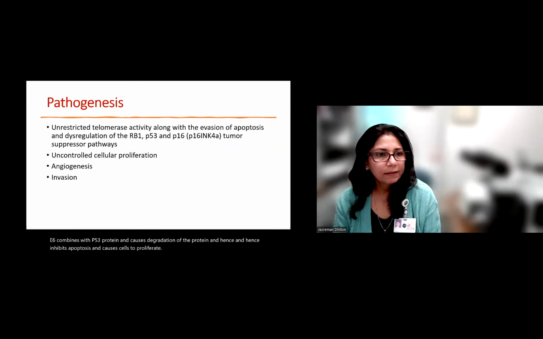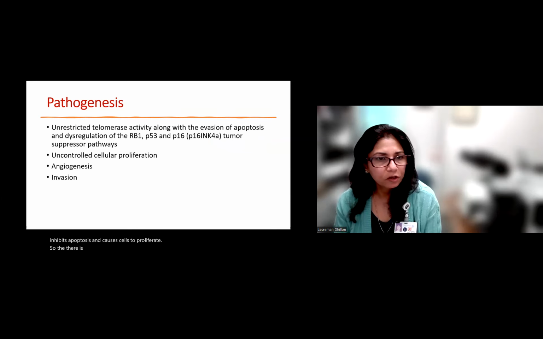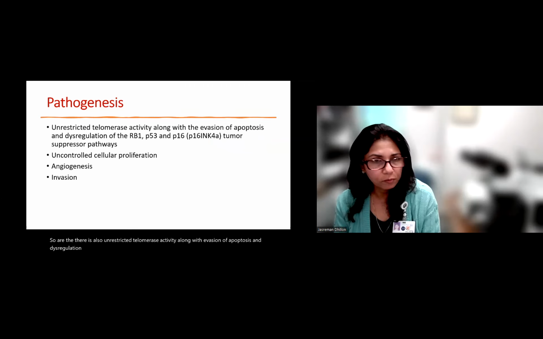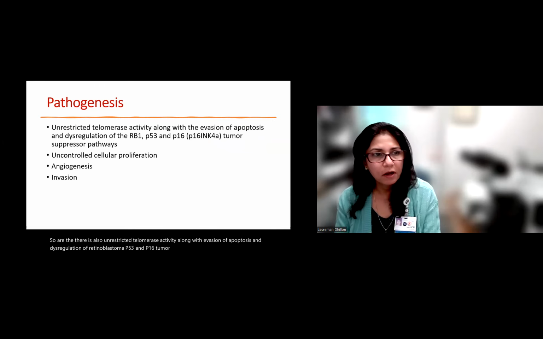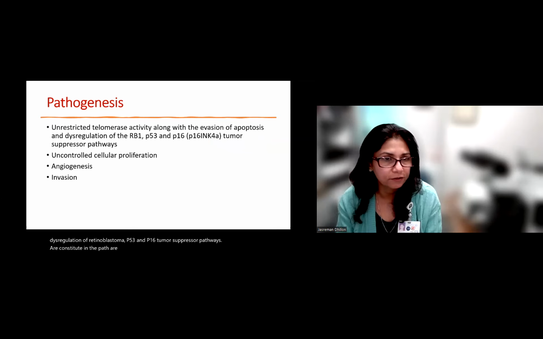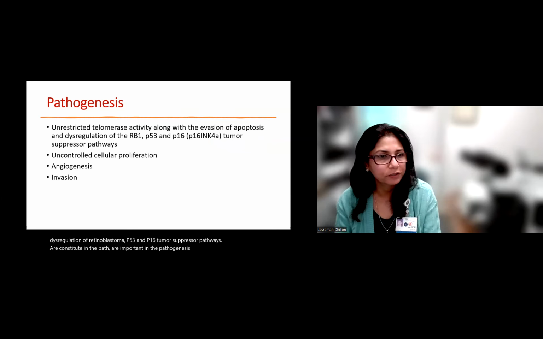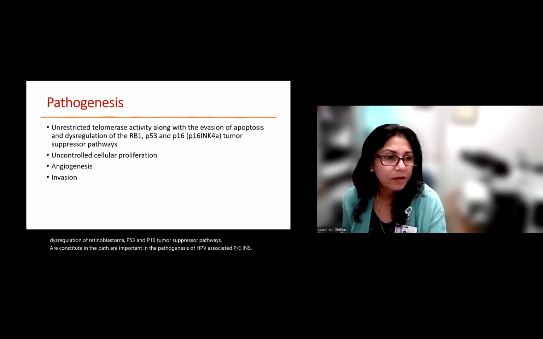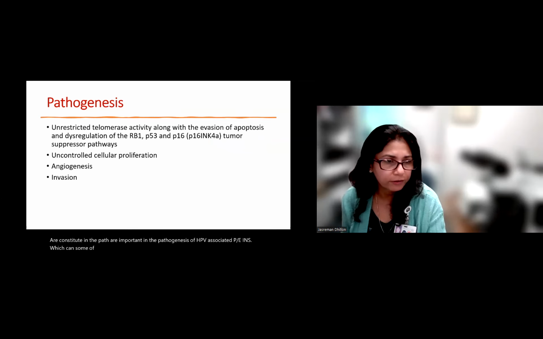So there is also unrestricted telomerase activity along with evasion of apoptosis. Dysregulation of retinoblastoma, P53 and P16 tumor suppressor pathways are important in the pathogenesis of HPV-associated PEINs, some of which can progress to invasion.